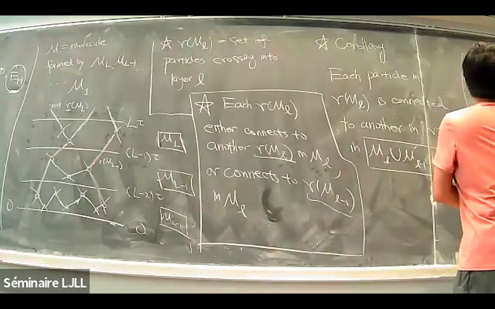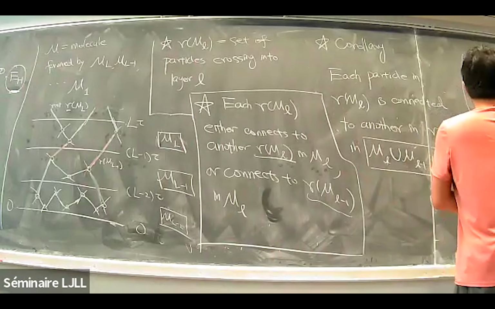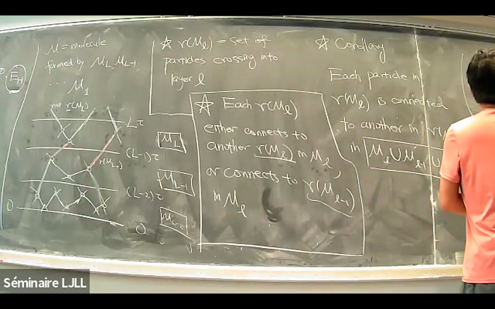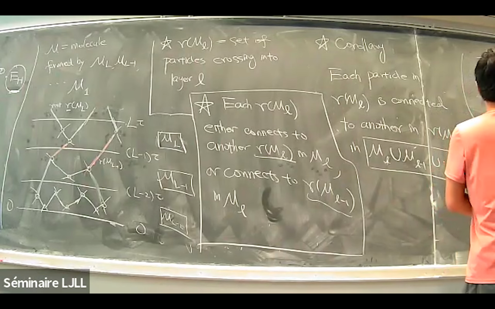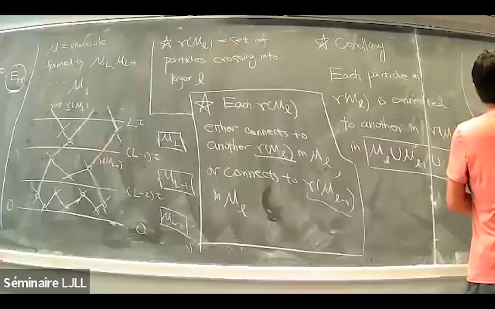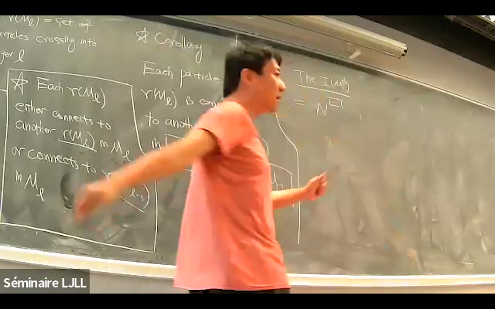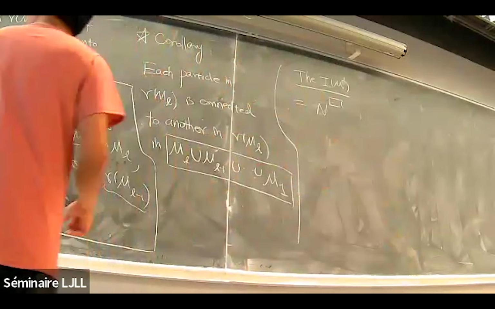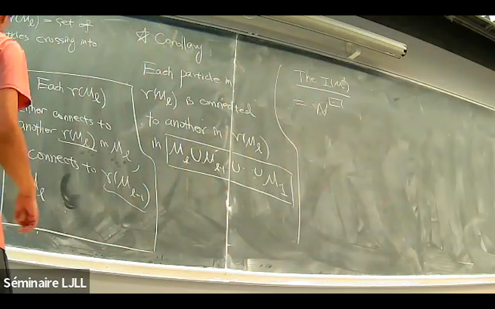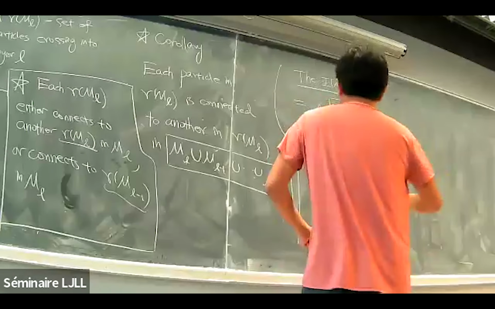So IM is renormalized by epsilon to the minus something. Basically it's n to some power. This power is just for normalization purposes. It's a power related to the number of particles in M, but in practice it's not important.